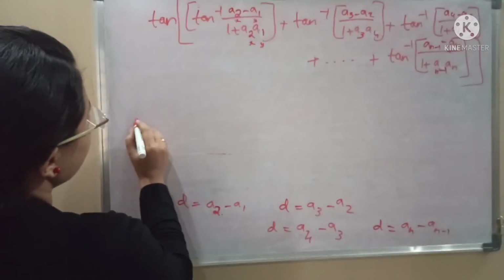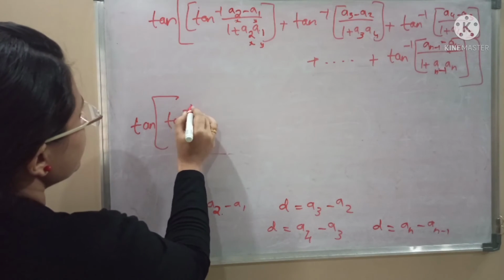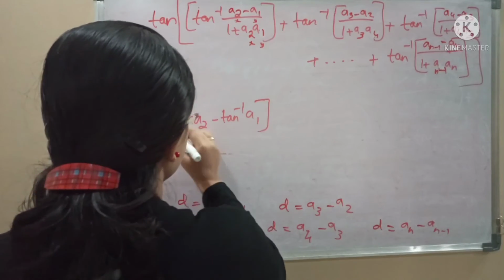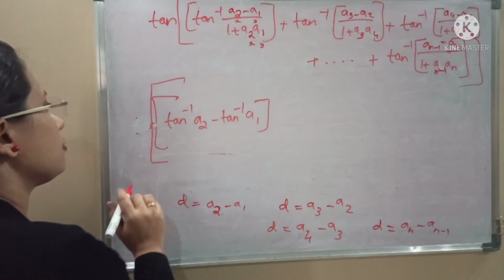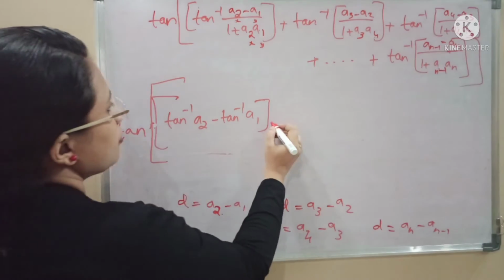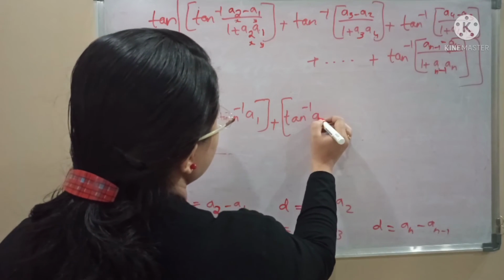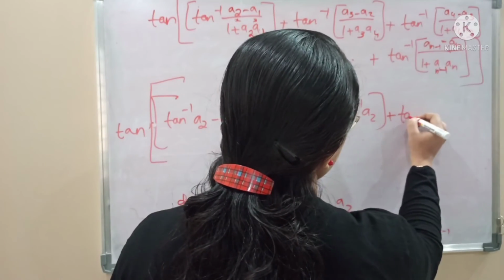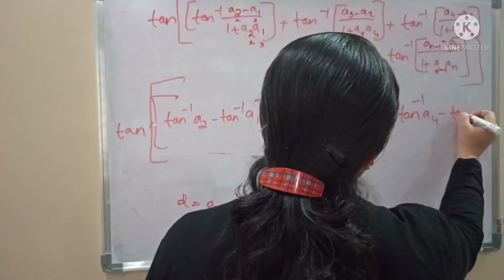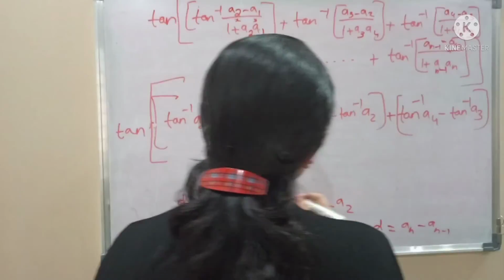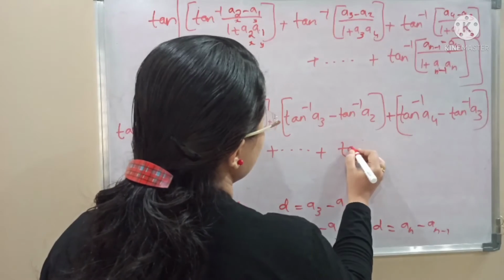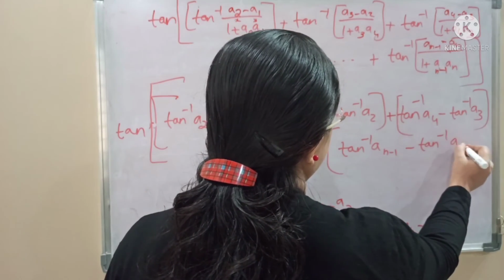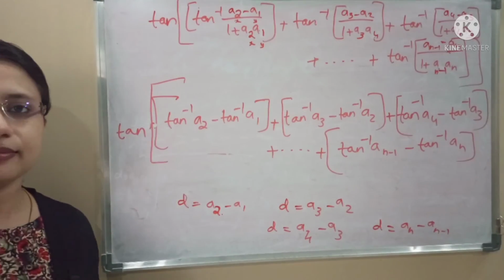So this will be tan of tan inverse a2 minus tan inverse a1, plus tan inverse a3 minus tan inverse a2, plus tan inverse a4 minus tan inverse a3, plus etc., plus tan inverse an minus 1 minus tan inverse an. Clear?